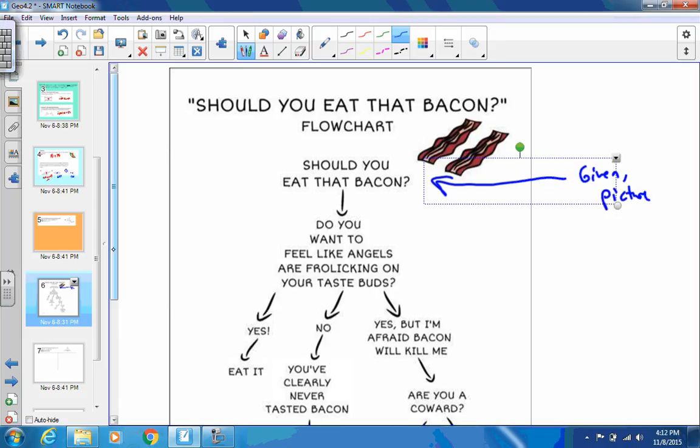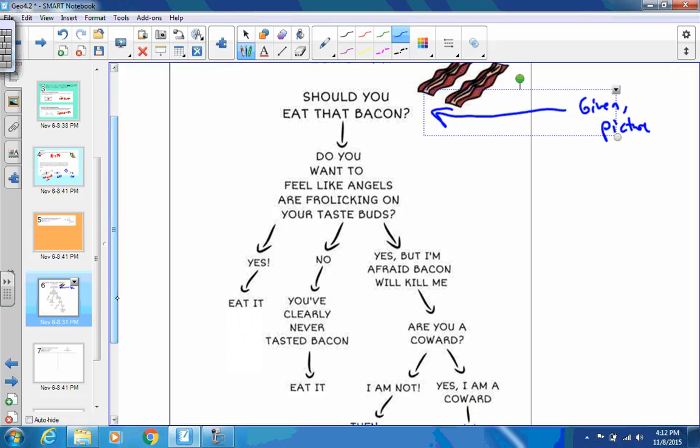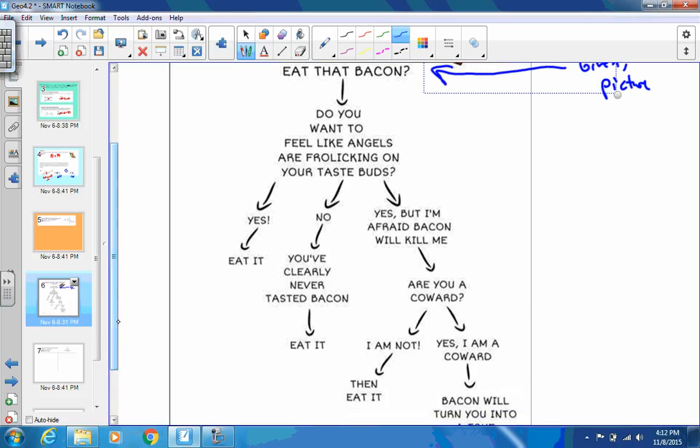But this flow proof is kind of interesting how it goes from, should I eat that bacon? It says, do you want to feel like angels are frolicking on your taste buds? You could say yes, no, or yes, but I'm afraid it will kill me. If you said yes, then eat it. If you said no, then you've clearly never tasted bacon, so then you should eat it. So these are all the things that build off of different things.